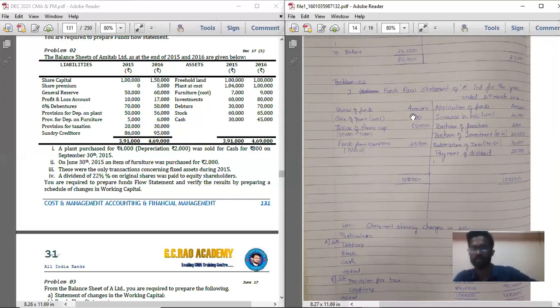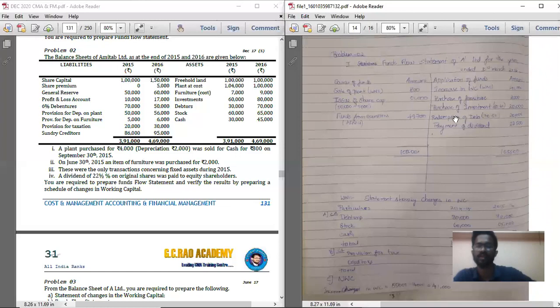Amount column total it: 800 plus 55,000 plus 49,700, you are getting 1,05,500. Now application of funds also total it: 41,000 plus 2,000 plus 20,000 plus 20,000 plus 22,500, you are getting 1,05,500. So source of funds is 1,05,500 and application of funds is also 1,05,500. So that is problem number 2.